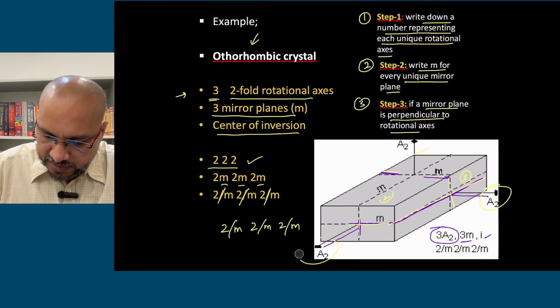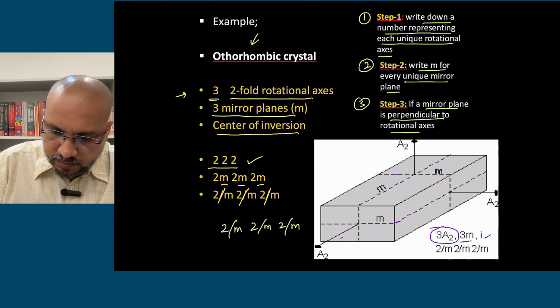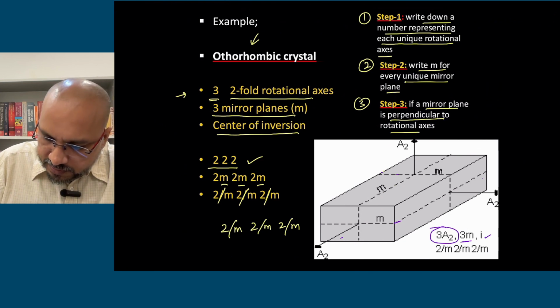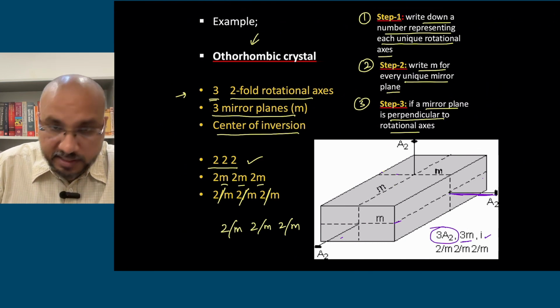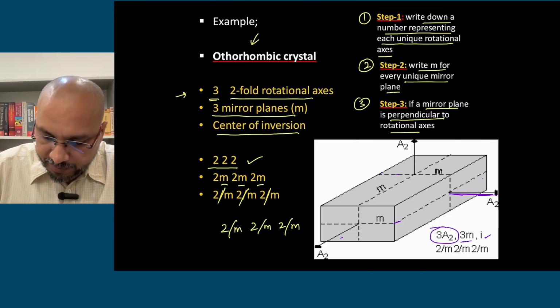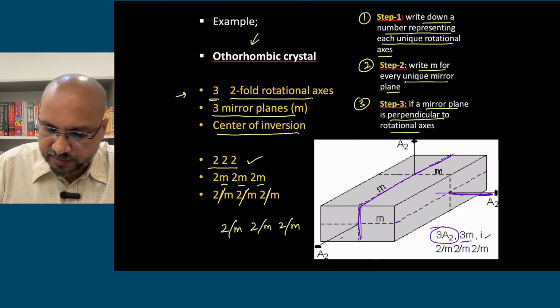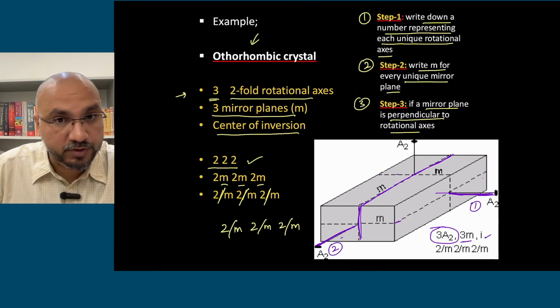How? You see here. So for this rotational axis, which mirror plane is perpendicular? This one. This mirror plane is perpendicular to this rotational axis. Now this is the first rotational axis, this is the second rotational axis.